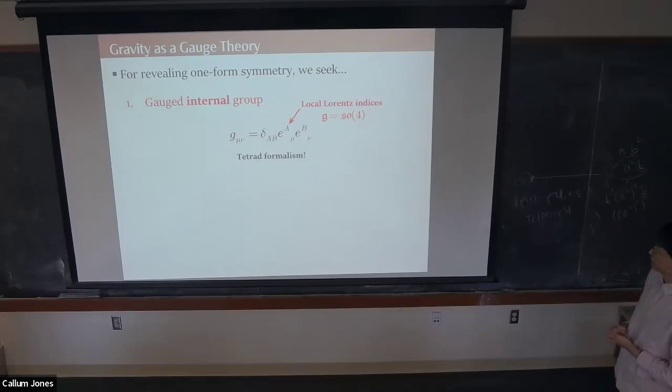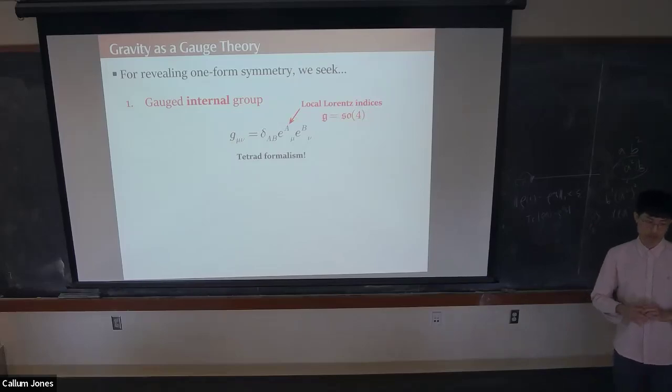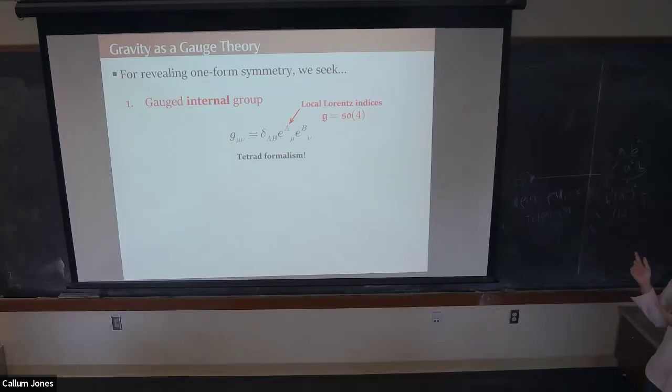Accordingly, the gauge algebra would be the Lorentz algebra. But the gauge group can be not only SO4, but its quotients by some discrete groups as well. I will discuss that shortly, because that's very crucial in the discussion of higher-form symmetries.